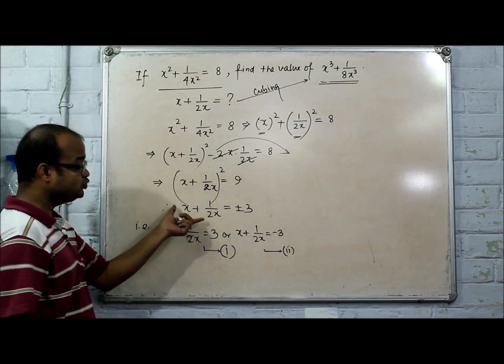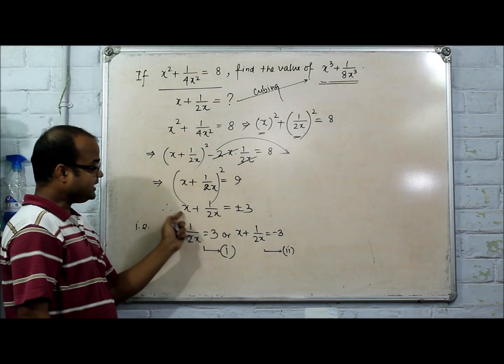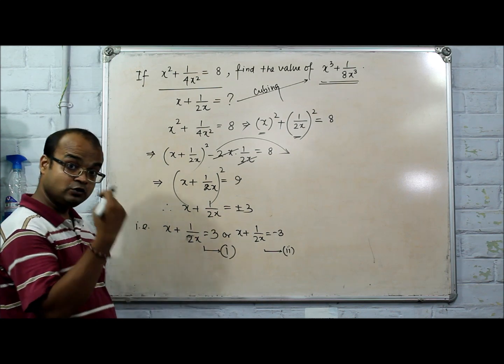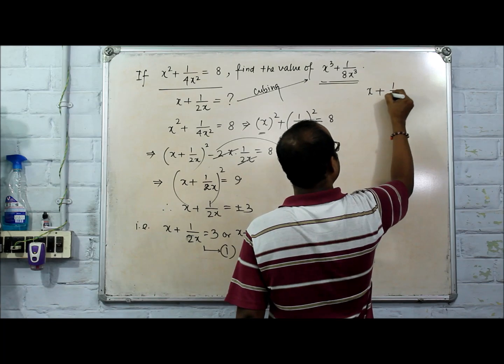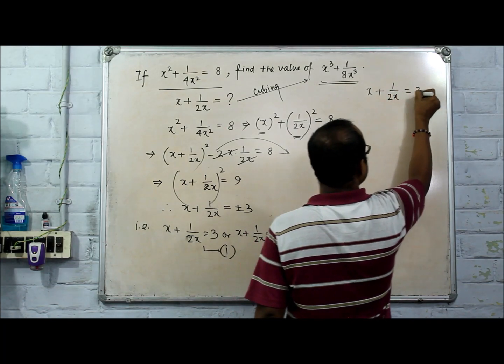Since you are getting two values of x plus 1 by 2x, we need to take both the values. X plus 1 by 2x is equal to 3.